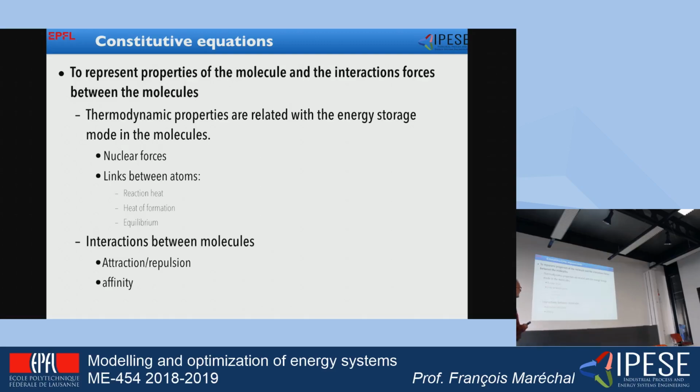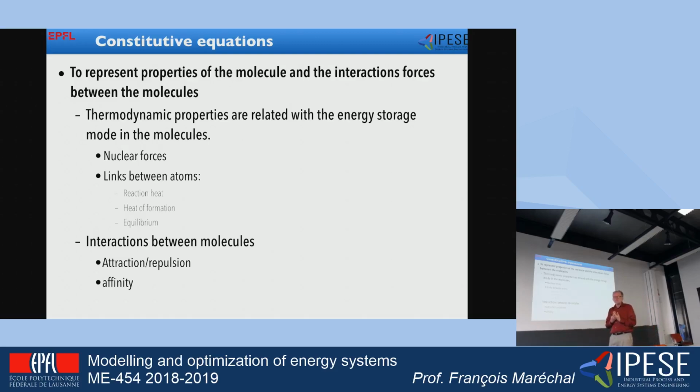In fact, we have to represent what is happening between molecules that are in a given state, so in the mixture. Okay? So it means that we have to represent the energy of the different molecules. The temperature is measuring the agitation of the molecules, and also therefore the interactions, so how they interact between them.